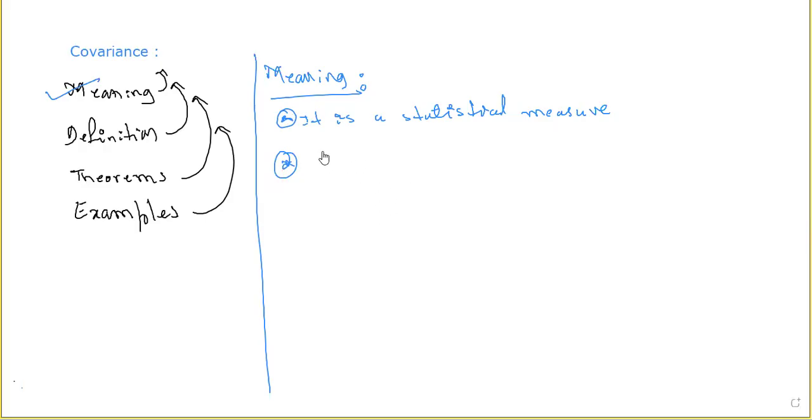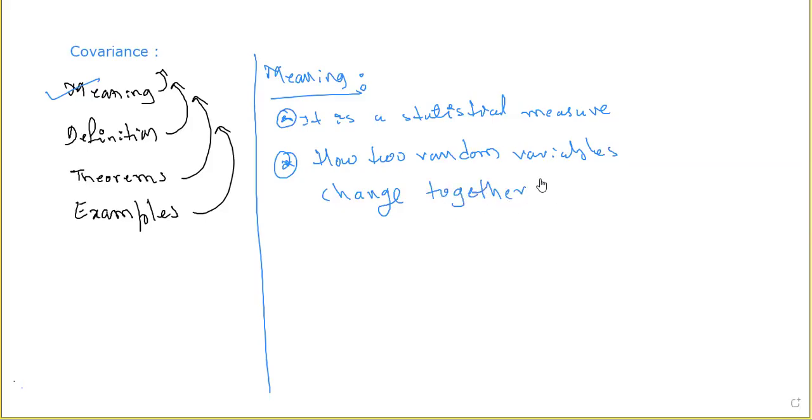Is it clear? So how two random variables change together. How do these two random variables change together?